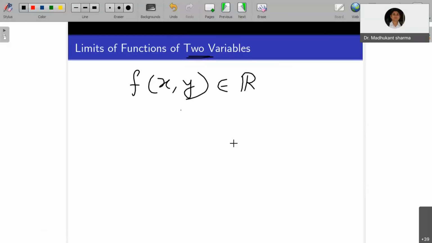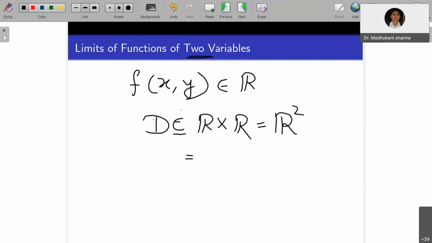So your domain is a subset of R cross R. R cross R is a Cartesian product, sometimes also known as R square.